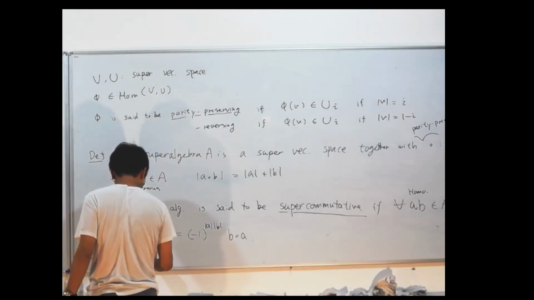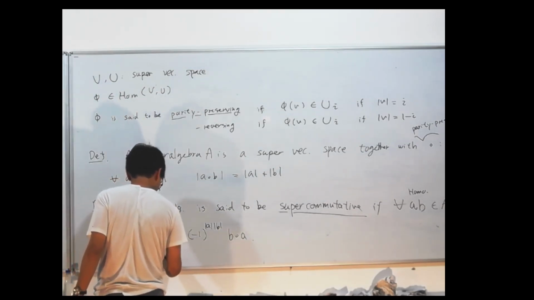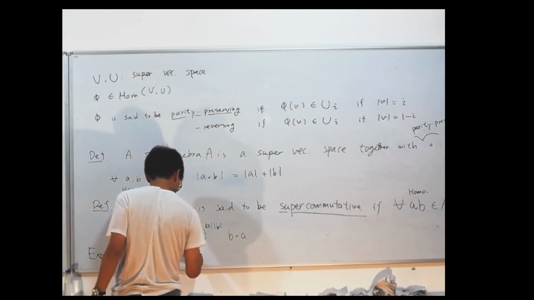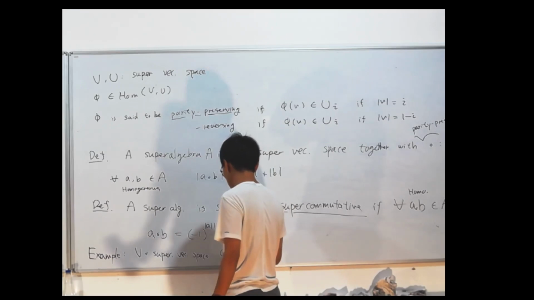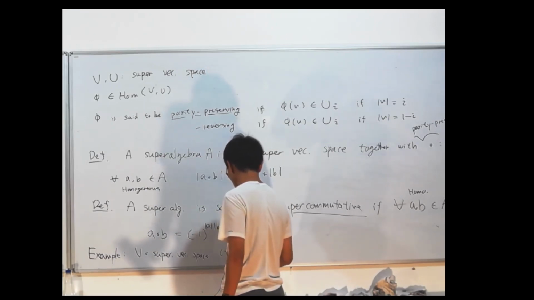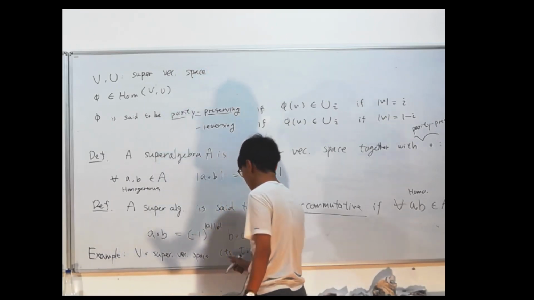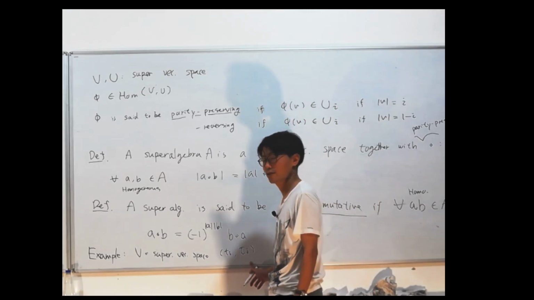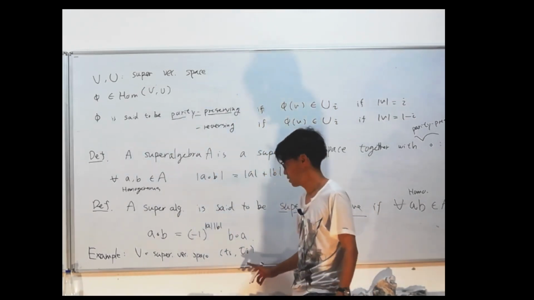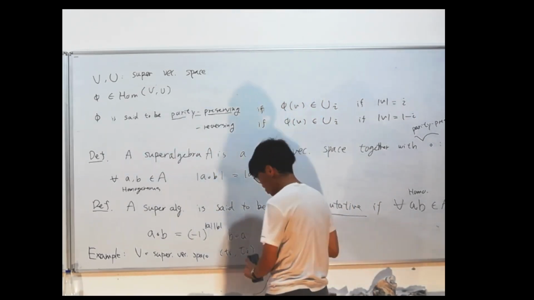Suppose this is a super vector space, and then I introduce coordinates, say t_i and tau_j. Is it legible? Is it distinguishable? Yeah, and it's big enough. That's what I actually did in all my lecture notes.